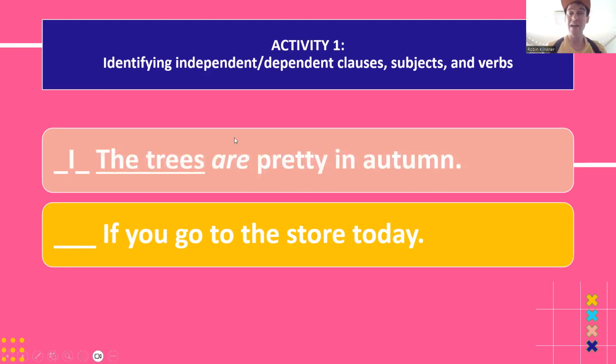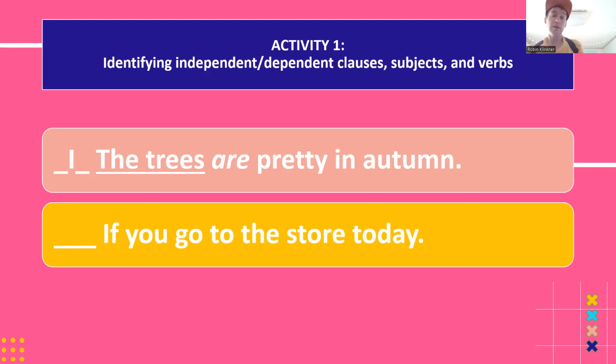So write an I and underline the subject and italicize the verbs. In the second example, if you go to the store today, that is not a complete thought because you don't know what will happen if you go to the store today.